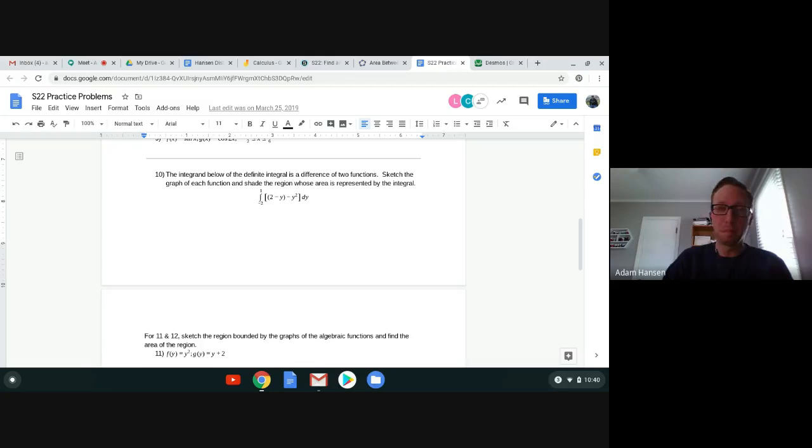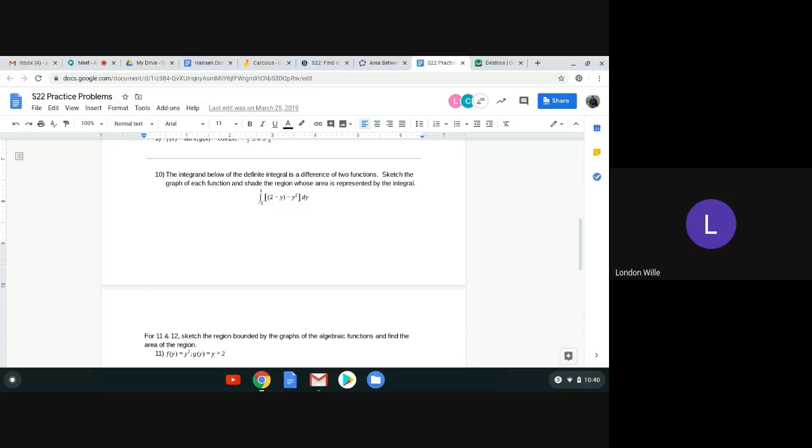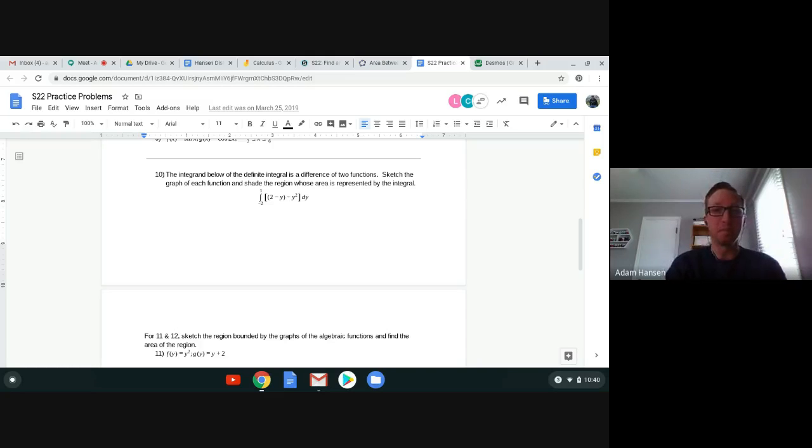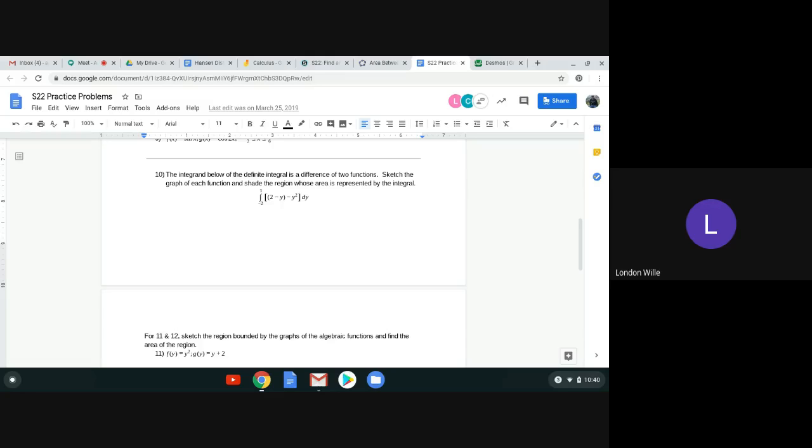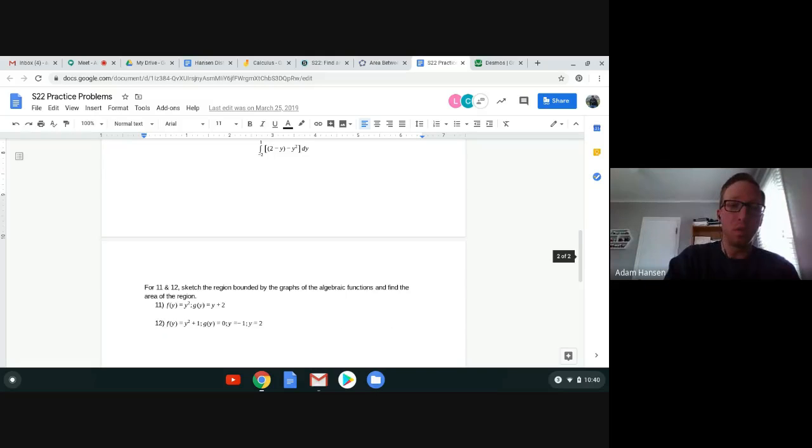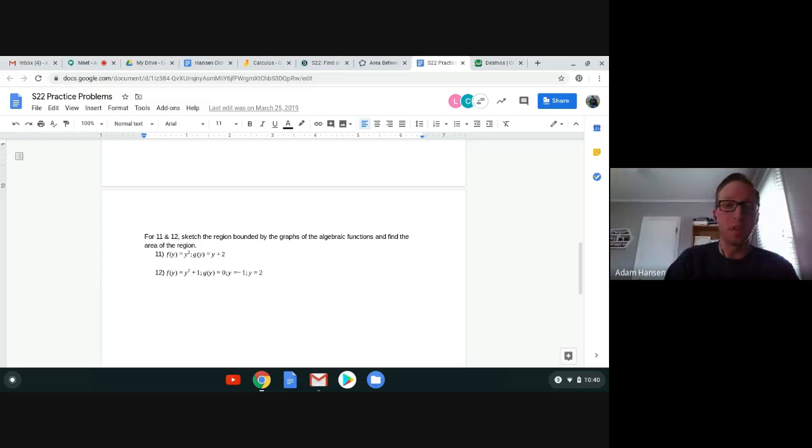Does that help, London? Yeah, is that all we had to do for that one? Yep, I think it just said sketch the region. The next two, 11 and 12, you have to set up the definite integral on your own and calculate the area between the two curves.